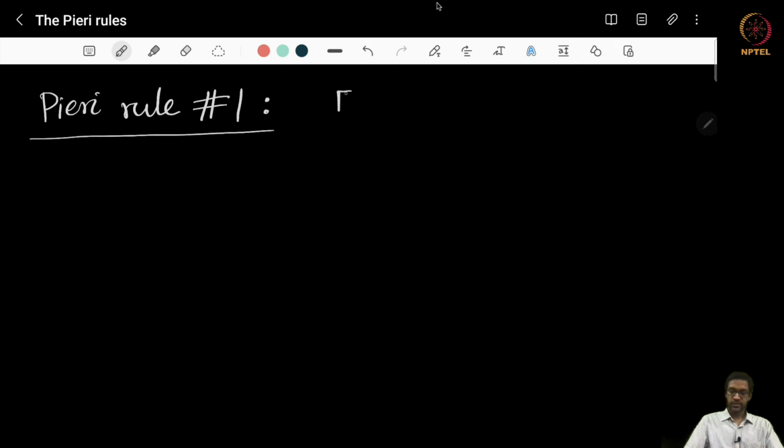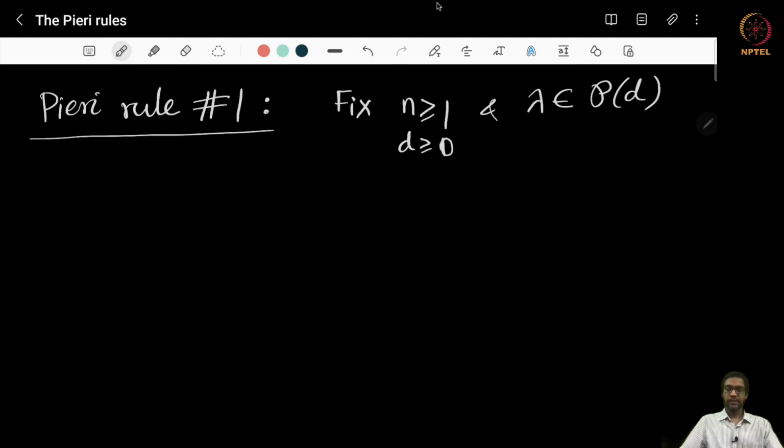It says fix n at least 1 and lambda some partition. So let me say lambda is a partition of D for some D. Actually, D can also be 0. In other words, lambda is the empty partition, if you wish.